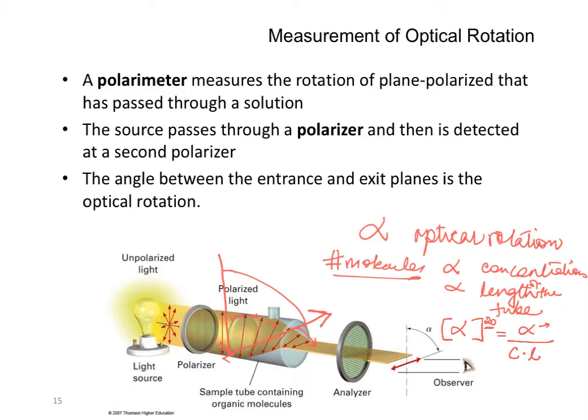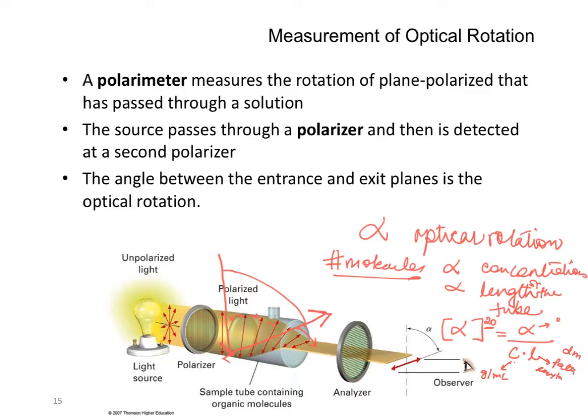So your alpha is measured in degrees. Your L is the path length, so that's your tube length, path length. So that's measured in decimeter. And the concentration C is given in grams per milliliter or grams per centimeter cube. And it's done so that you have a handle on comparing apples to apples.